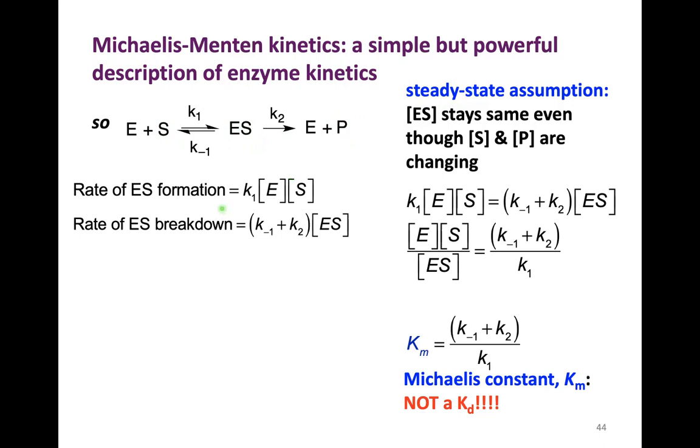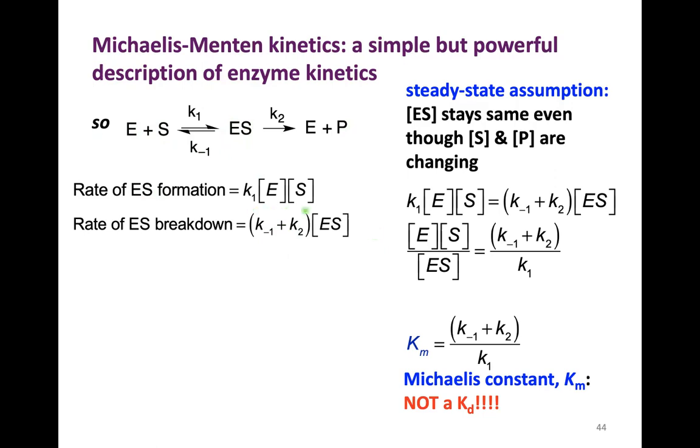So the rate of Michaelis complex formation is equal to the rate of the breakdown of the Michaelis complex. There's only one way to form the Michaelis complex, but there are two possible directions for its breakdown, going back to substrate or moving forward to product, as we described.